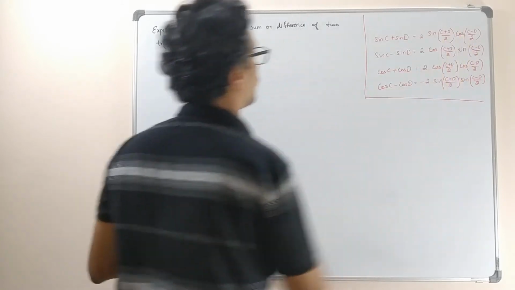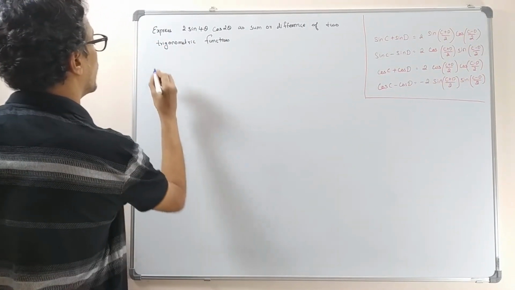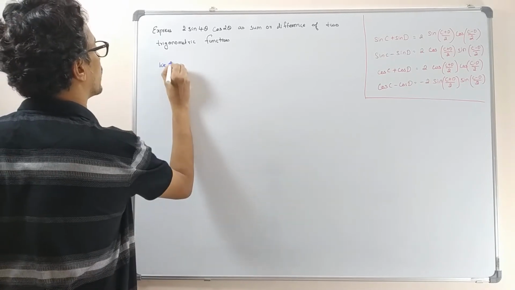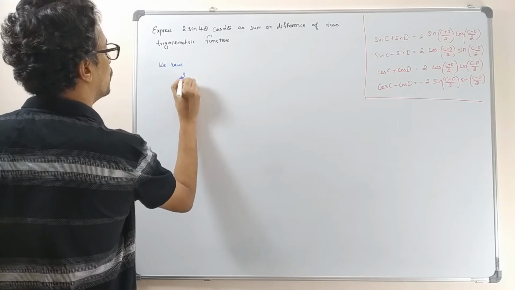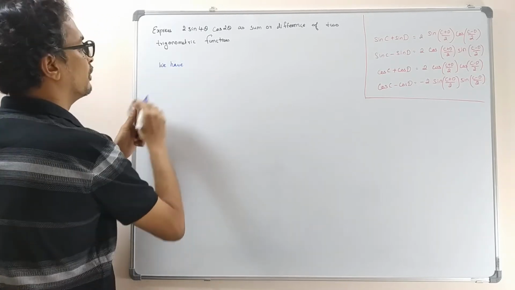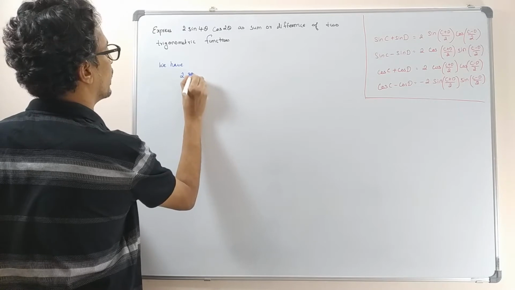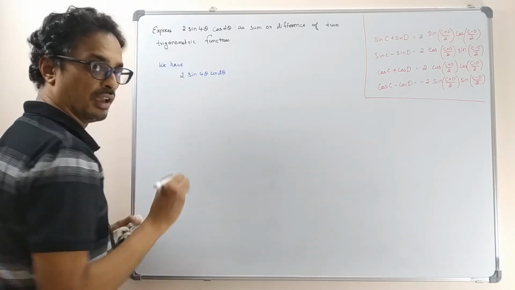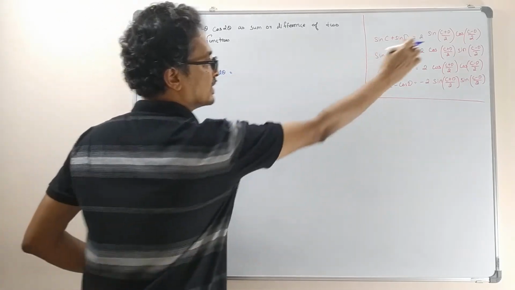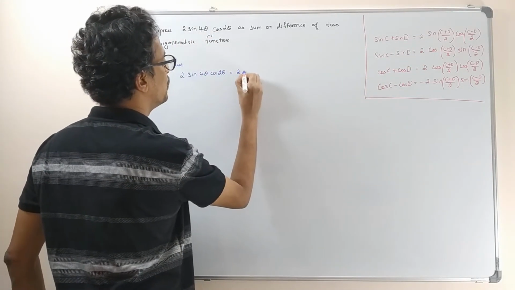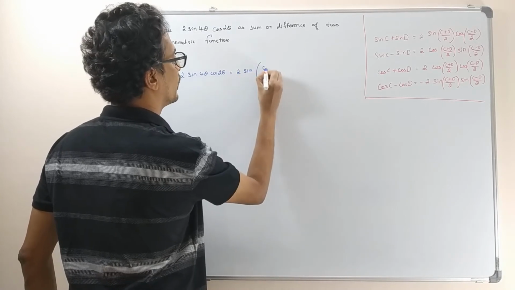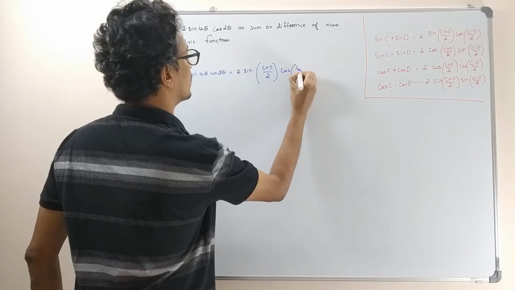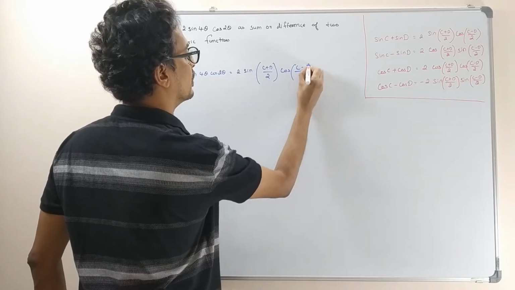So what we have is 2 sin 4θ cos 2θ. We are going to write it like this: this should be equal to 2 sin((c+d)/2) cos((c−d)/2).